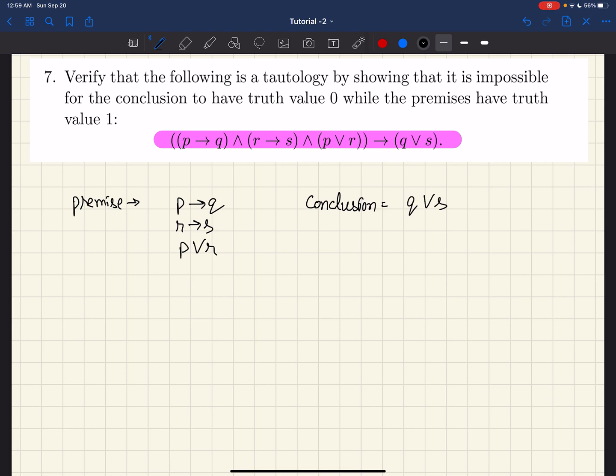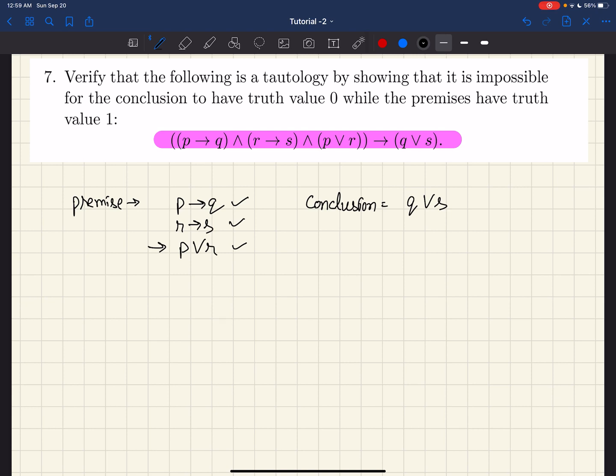Let's just try to understand this in a logical way first. We are given that P implies Q is true, R implies S is true, and P or R is true.